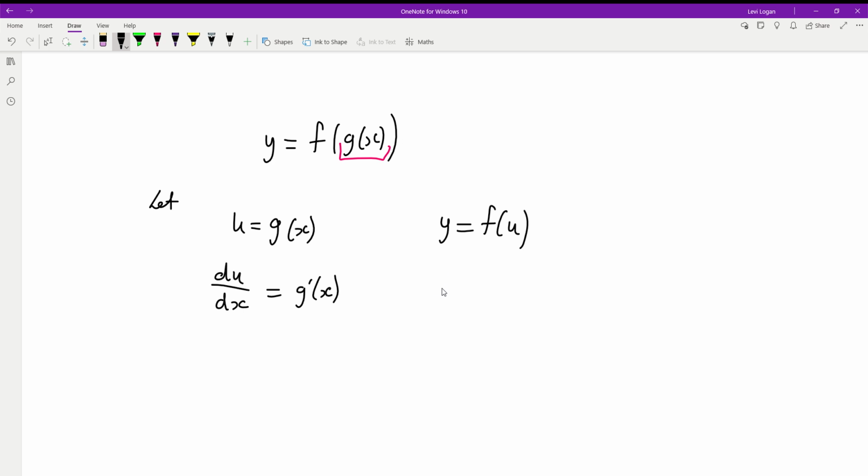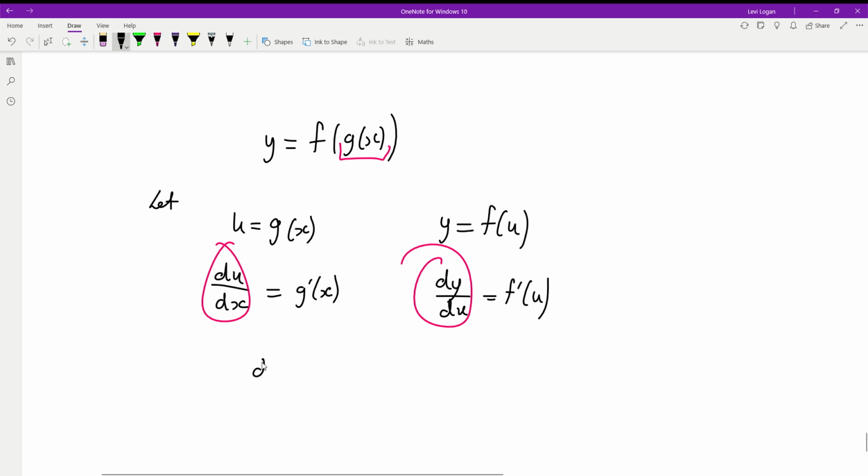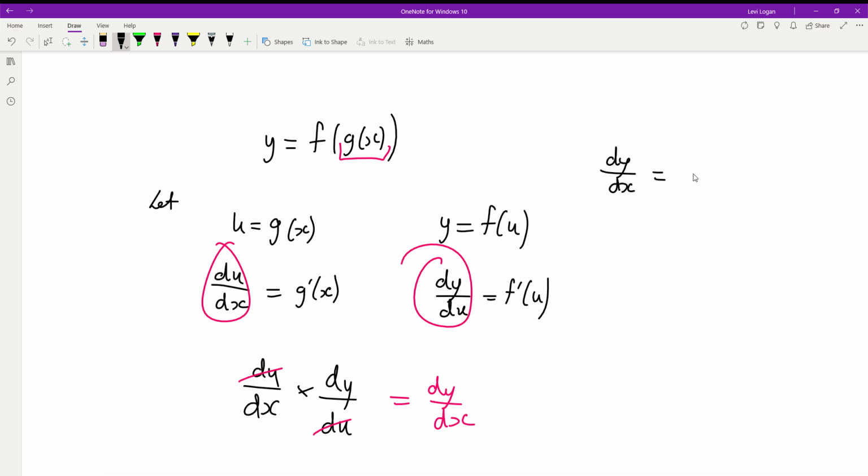Here, if I differentiate this, dy du gives me f dash of u. Now, if I multiply these things together, something incredible happens. So if I get du dx, and I times that by dy du, the du's cancel out and you get dy dx, which is insane. So in other words, dy dx is going to be g dash of x times by f dash of u.